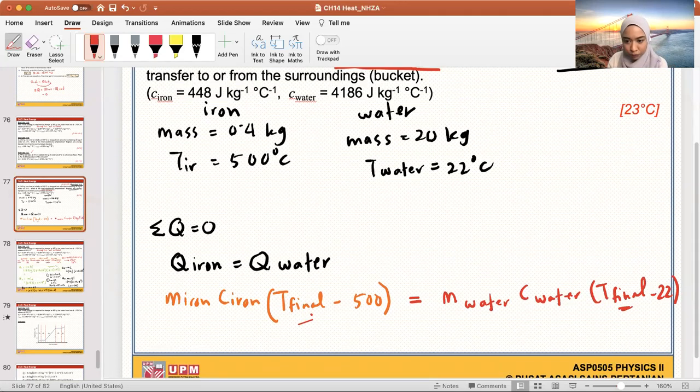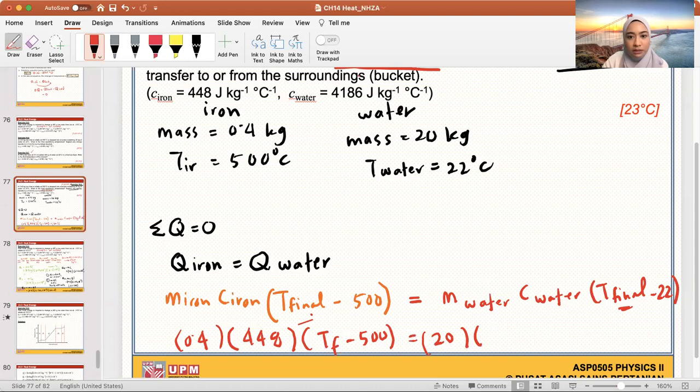Okay, so let's do this. Mass of iron is 0.4. C iron is 448. This is in joules per kilogram per Celsius. This guy is already in kilogram, so that's great. T final, we don't know. Let's label this as TF minus 500 equals to mass of water, 20 kilogram.